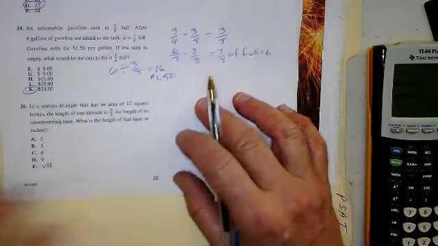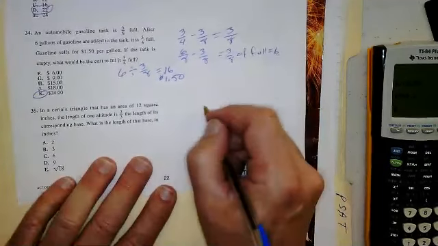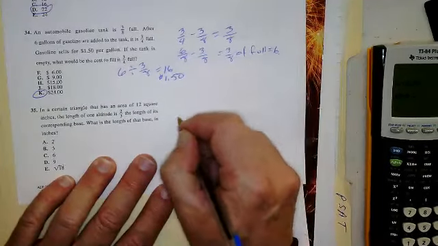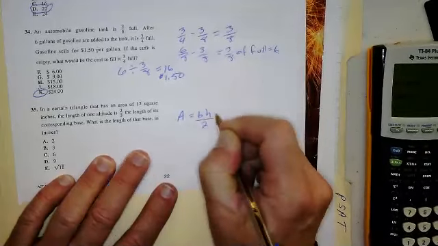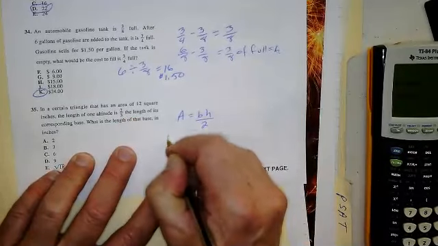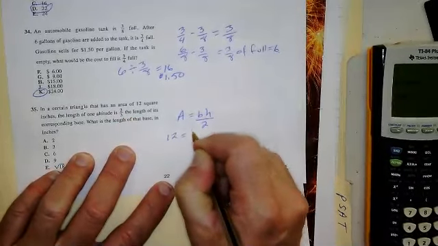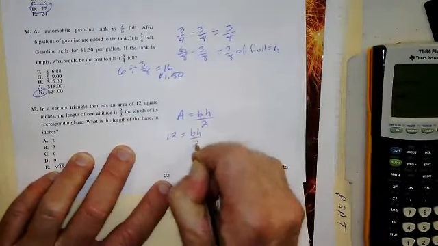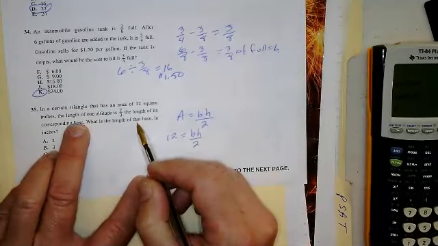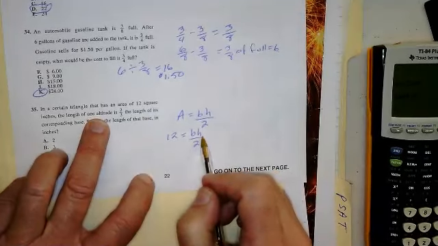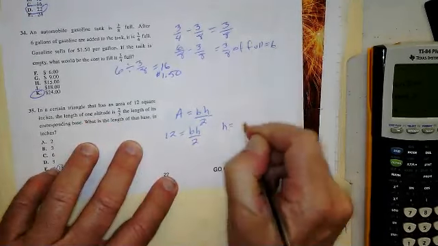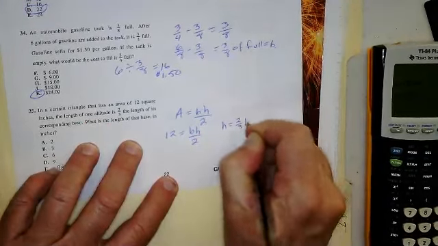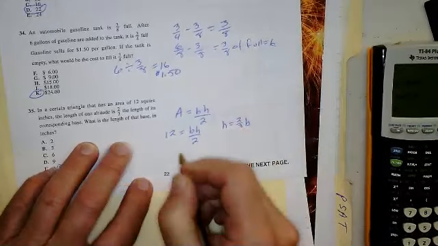So here we go. Let's look at it this way. We know the area of a triangle is base times height divided by 2. Well, it tells us that the area is 12 equals base times height divided by 2. But they tell us that the altitude, the height, is 2/3 of the base. So h equals 2/3 b. So I'm going to substitute that in for h.